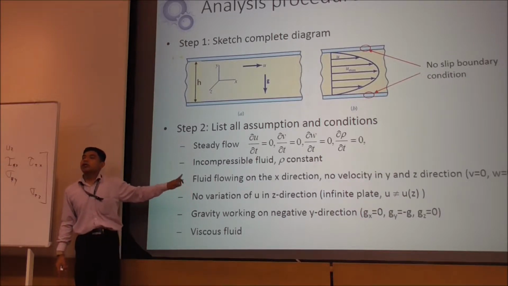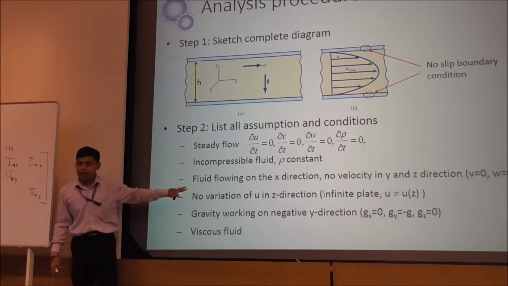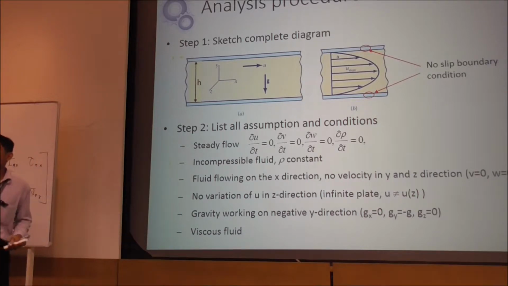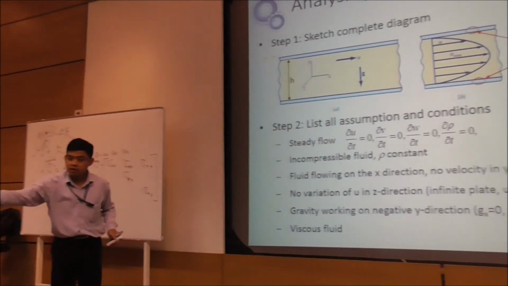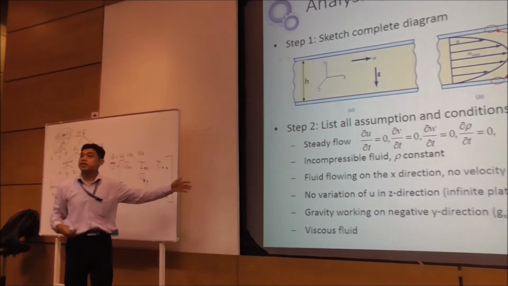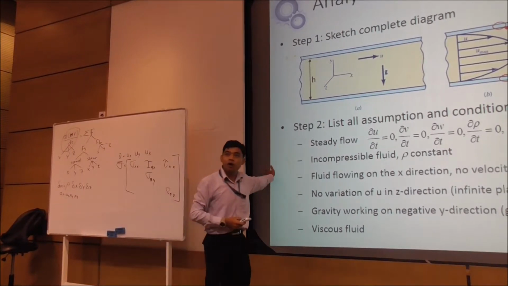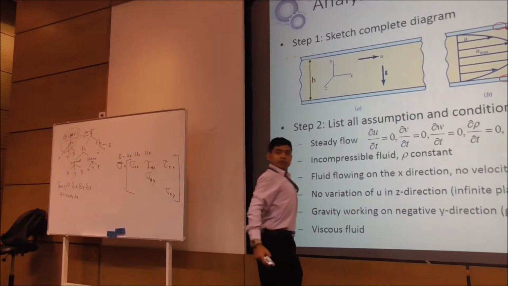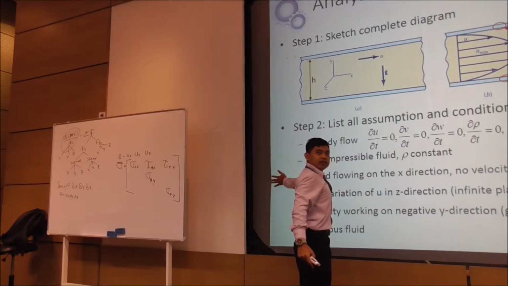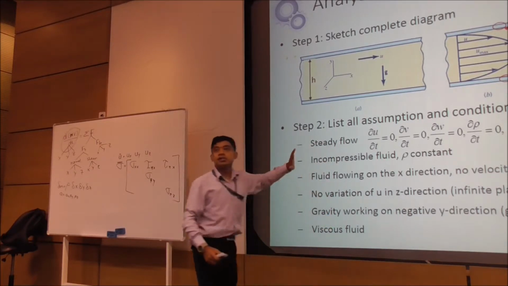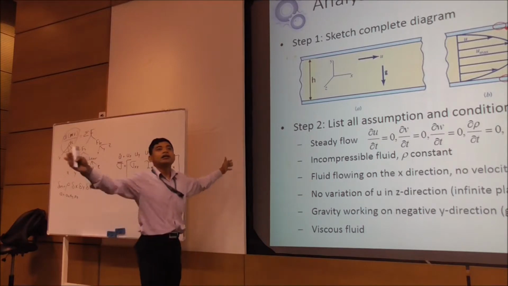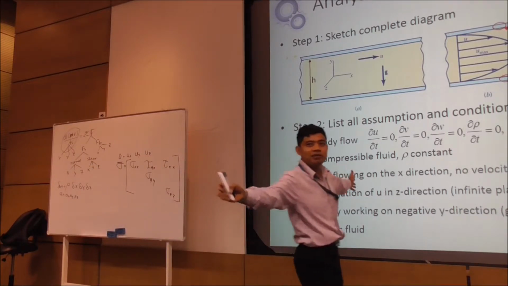Because you have infinite plate, there is no effect of side wall. What happens if you have a side wall? Viscous effects will take place, right? If you have a side wall, let's say my hand is a different entity. When it touches the wall, it will tend to stop, right? But because the side wall effect is not there, now my hand can move happily with me together.